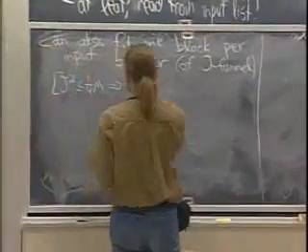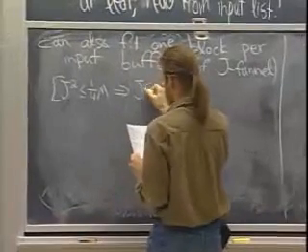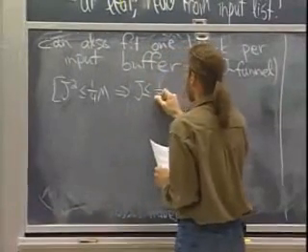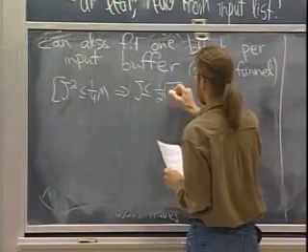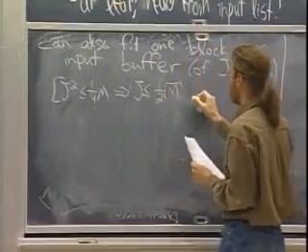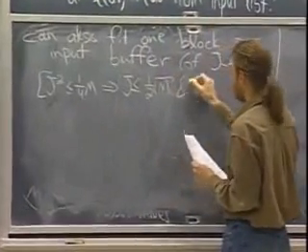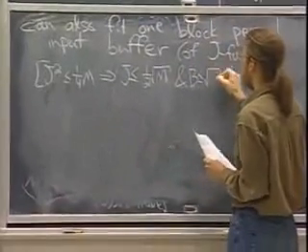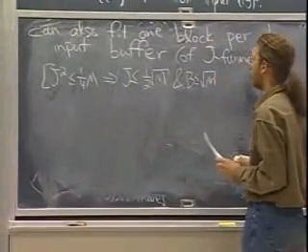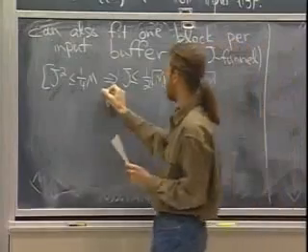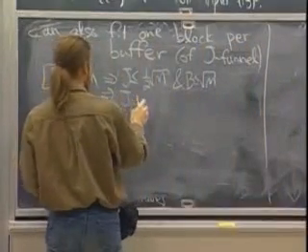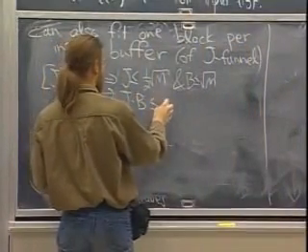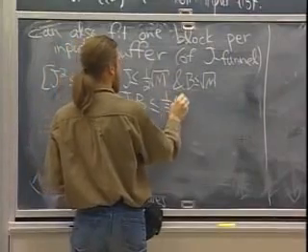That implies that J, if we take square roots of both sides, is at most a half square root of M. Also, we know that B is at most square root of M, because M is at least B squared. So we put these together, and we get J times B is at most a half M.